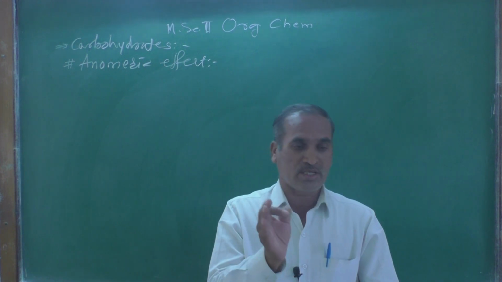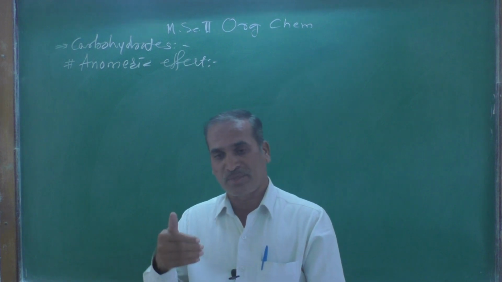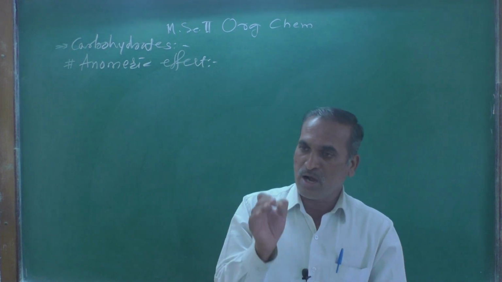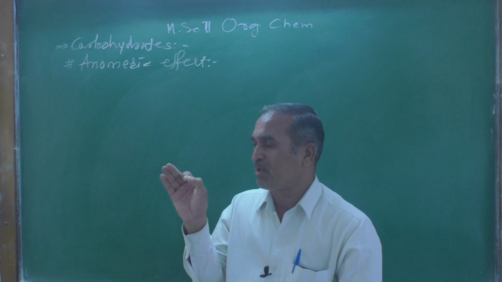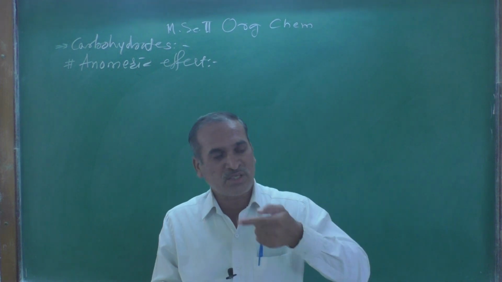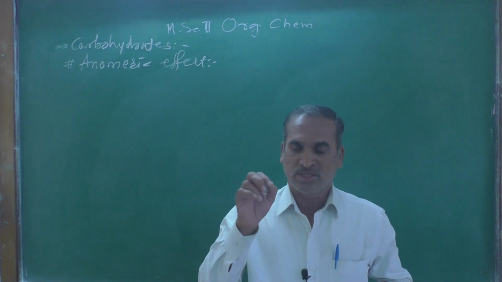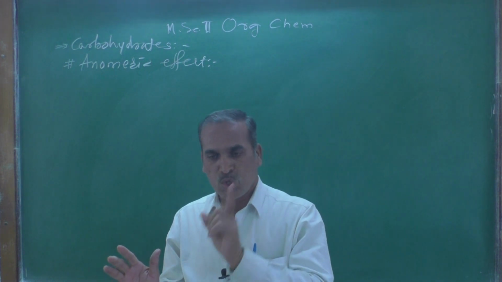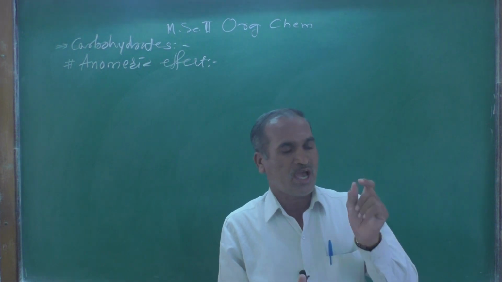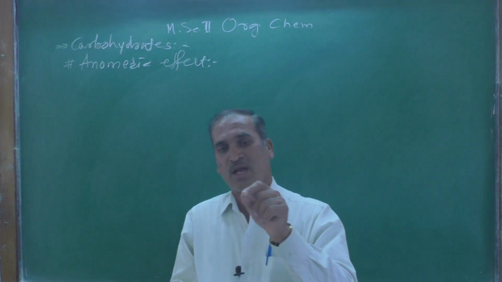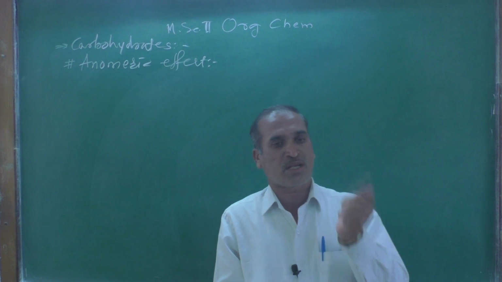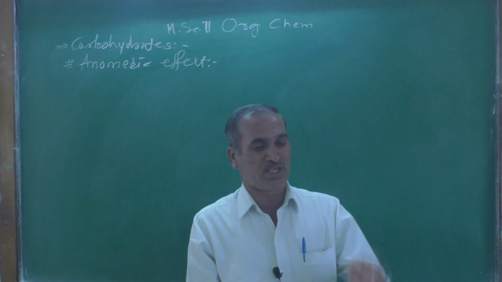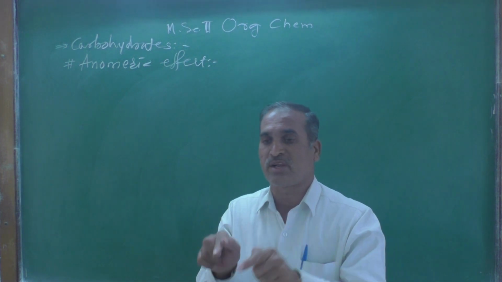In optical isomers, they differ only in configuration at the anomeric C1 carbon atom, and the rest of the chiral centers have the same configuration. At carbon number 1, an additional chiral center, a stereogenic center, is generated when the cyclic ring is formed.